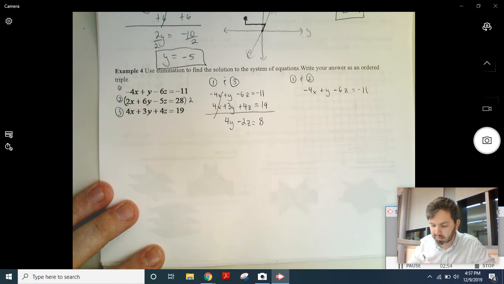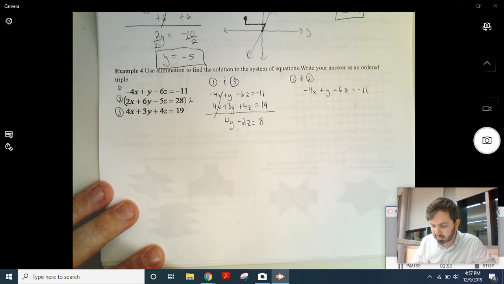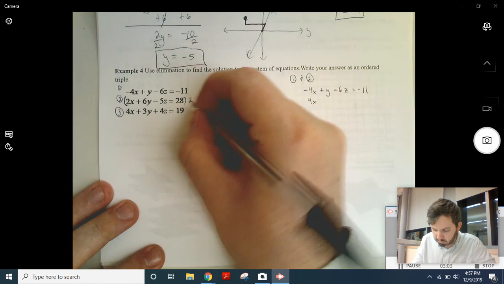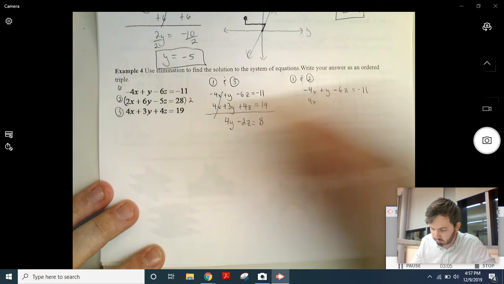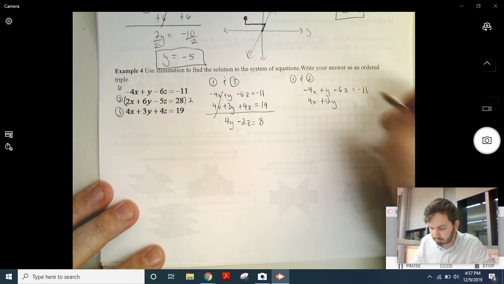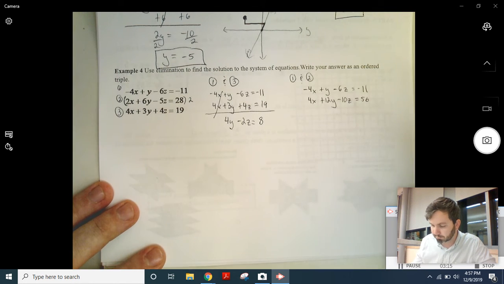All I did was copy down that first equation. Now we take our second equation and multiply it times 2. 2 times 2x is 4x. 2 times positive 6y is 12y. 2 times -5z is -10z. 2 times 28 is 56.